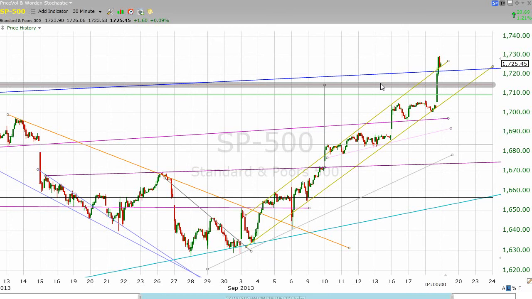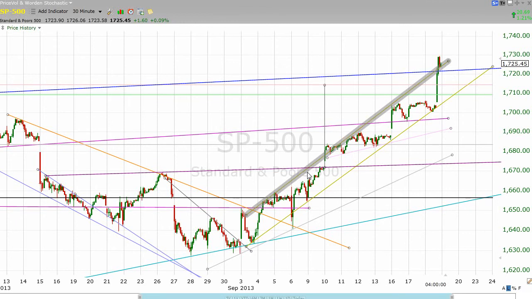That means, based upon this strangely shaped thing down here, that we cannot point to this anymore and say, hey, I think we should be making 1715, because we did it.